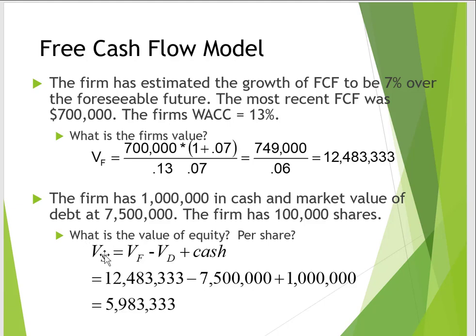Well, the value, V sub S, is the value of the firm minus the value of the debt plus cash. 12.5 minus 7.5 plus 1 gives us roughly $5.9 million as the value of the company's equity. That's what you would be willing to pay for the entire ball of wax, right? The entire stock population for this particular company.